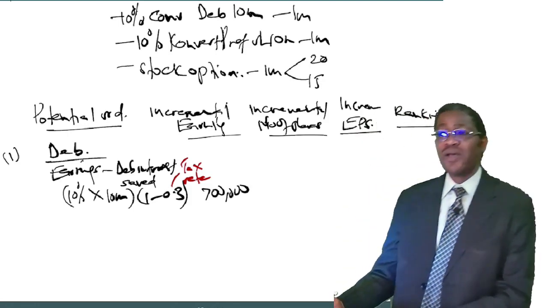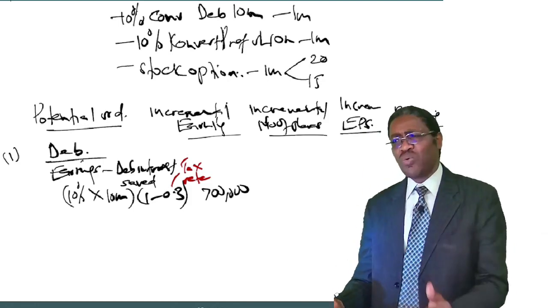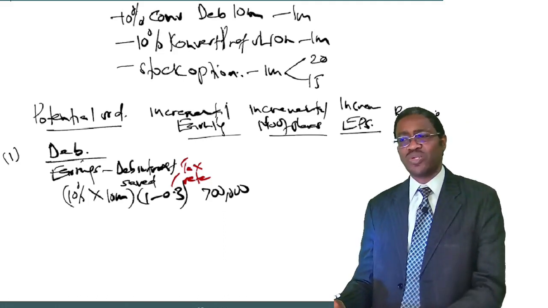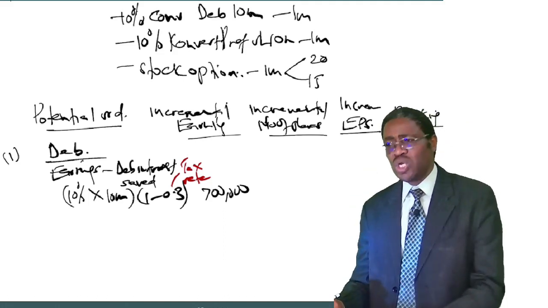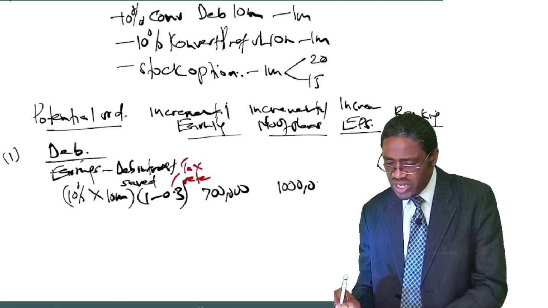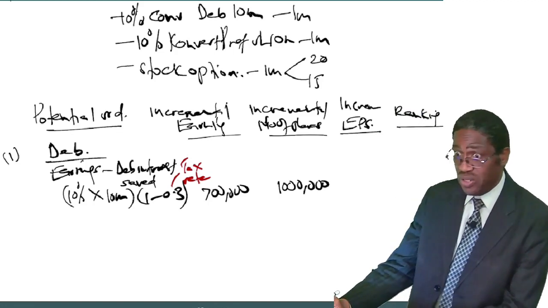Then you ask yourself, from the agreement, if these guys who agreed to convert want to convert their debentures into ordinary shares, how many shares would we issue? We would issue to them 1 million shares. So our number of shares would increase by 1 million.